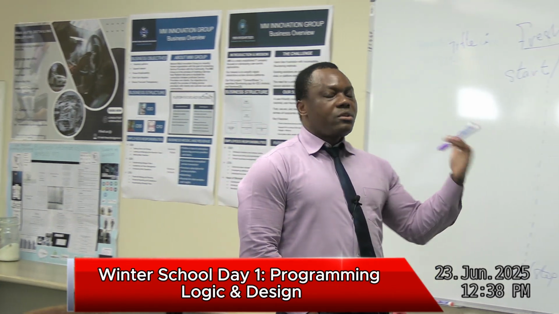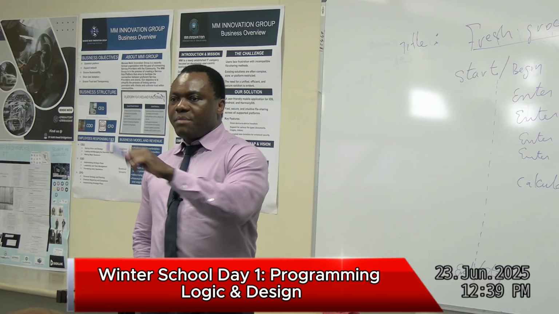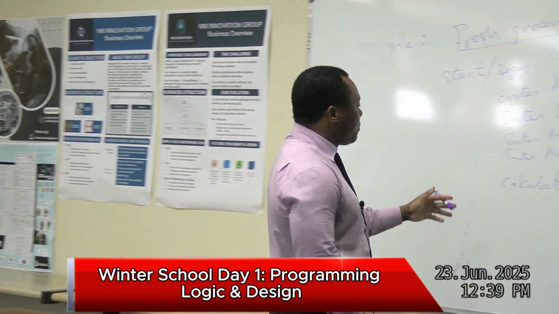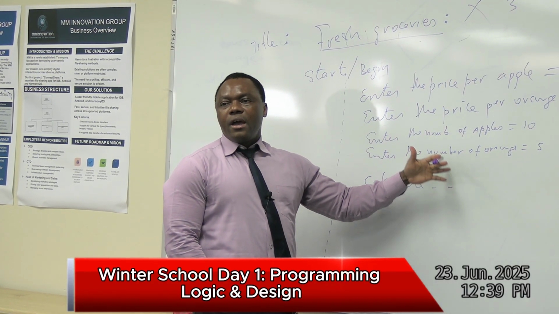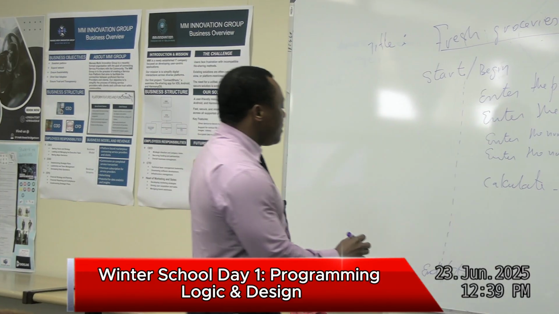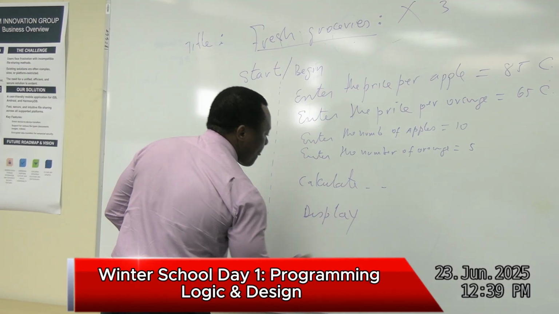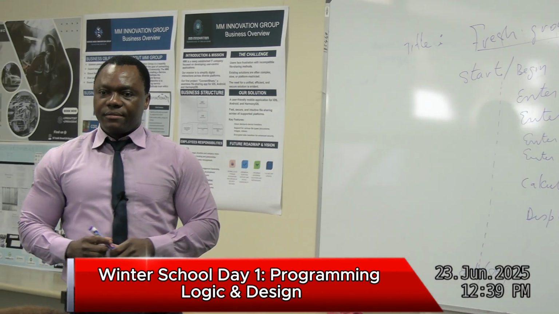You calculate also the price per orange. You take that one orange times 65, and then you calculate also the amount due by adding the price of apples and the price of oranges together. And then the last one is display. That will be the output that we'll be doing.